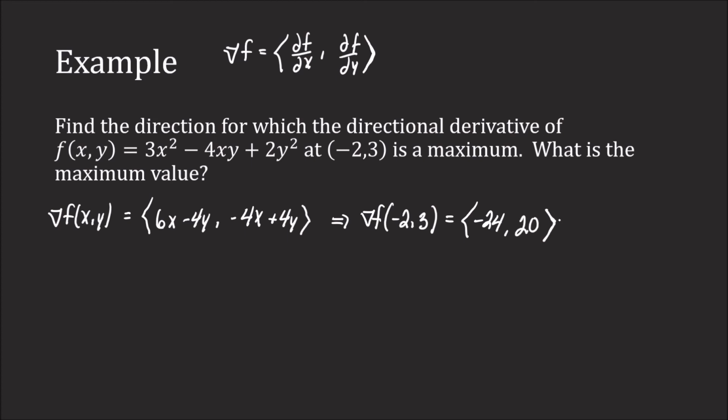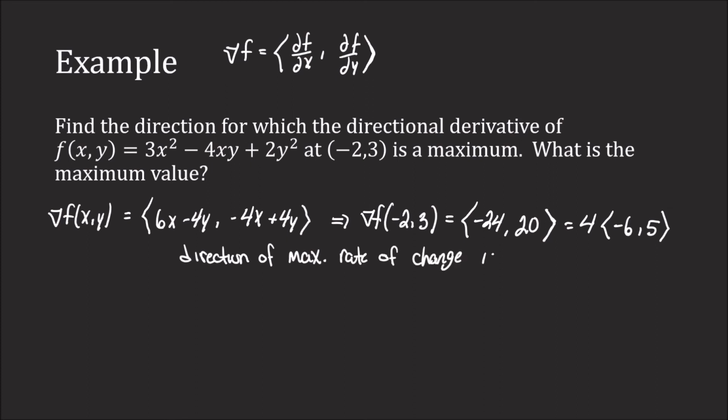All right, so we can factor out a 4 from that. And we'll be left with negative 8 comma 5. I'm sorry, I'm really off my game. That should not be negative 8, that should be negative 6. So what this is saying is that the direction of maximum rate of change is negative 24, 20.